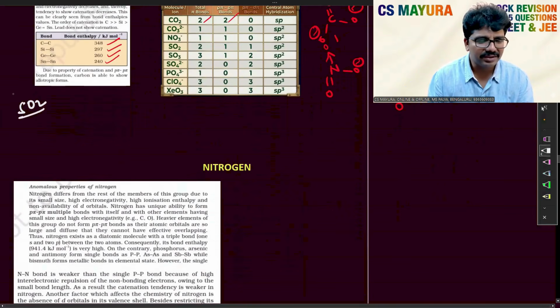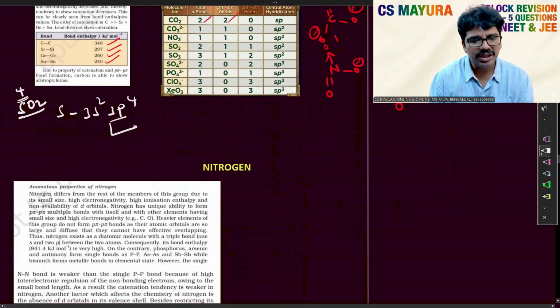Here sulfur valence is 4. Sulfur ground state is 3s2, 3p4. In 3p4, 3s is completely filled.